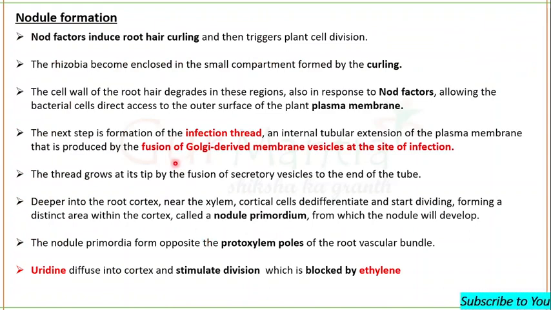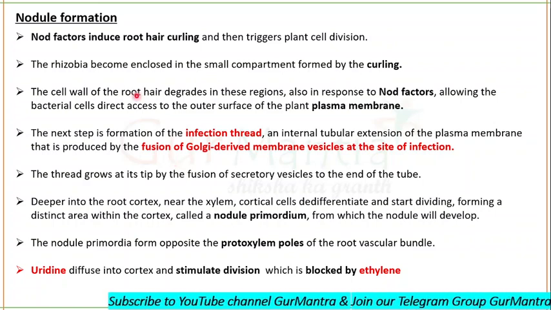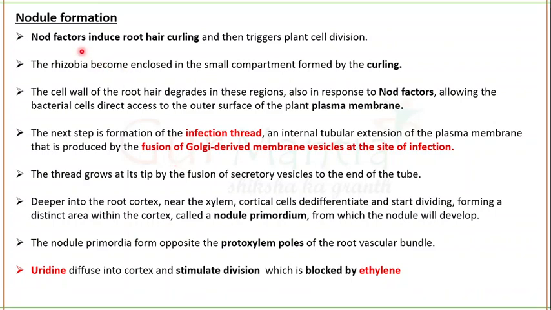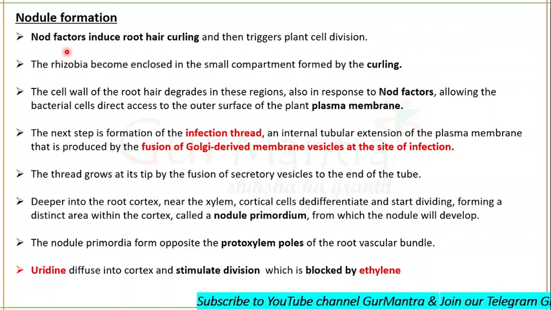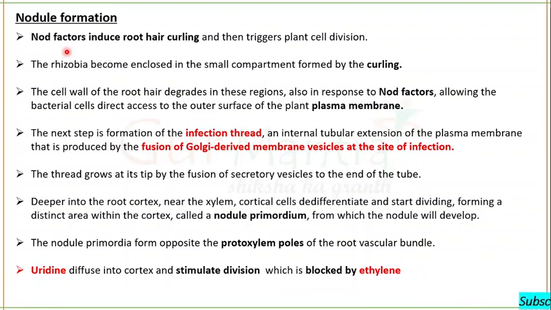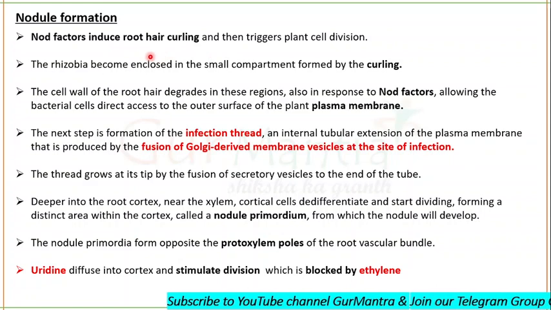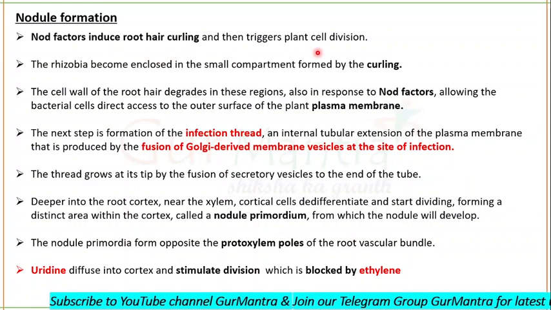Now we have come to know about the nod genes and how they perform their role. These Nod factors, which are lipochitooligosaccharides formed by the action of these respective enzymes, induce root hair curling and then trigger plant cell division.